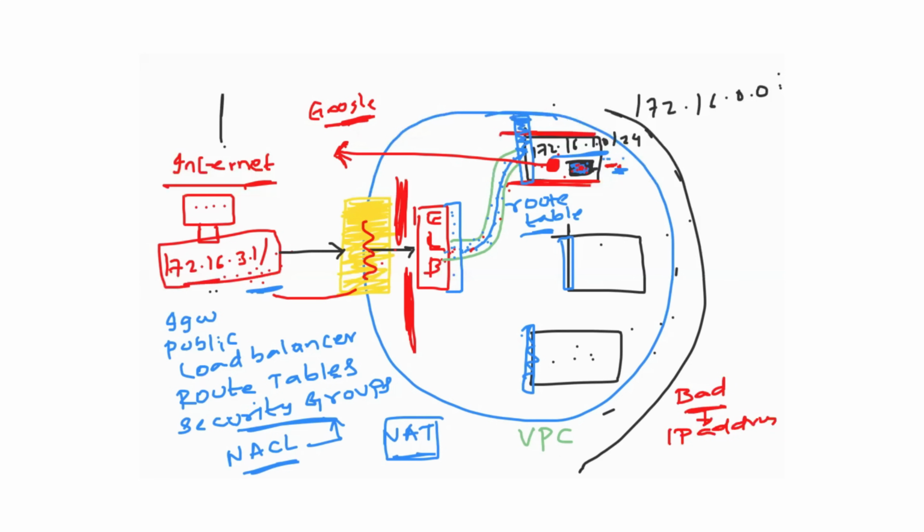Whoever is receiving this on the internet, so let's say you are trying to download something from xyz.com, xyz.com should not know the IP address of your server, or the IP address of your application, anything. It should not know the IP address of your private subnets, applications, or the servers, EC2 instances.